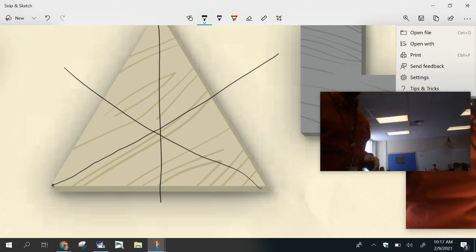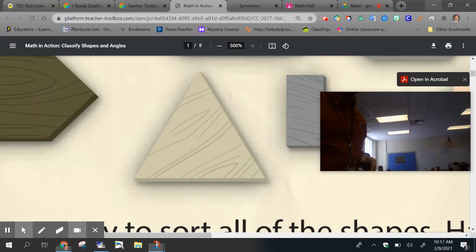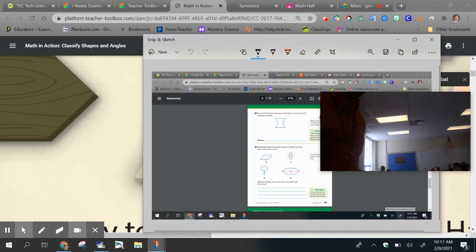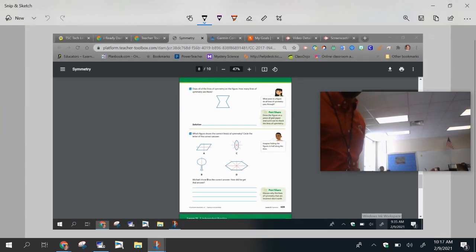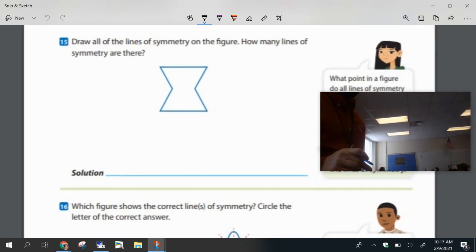Okay, now go ahead, take a look at the next page. Draw all three lines of symmetry on the figure. How many lines of symmetry are there? Think it through.